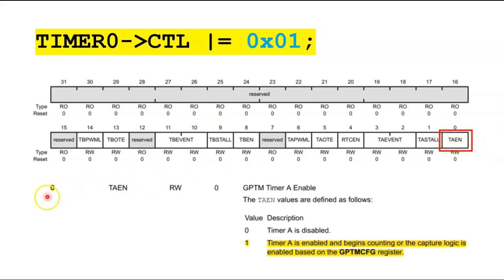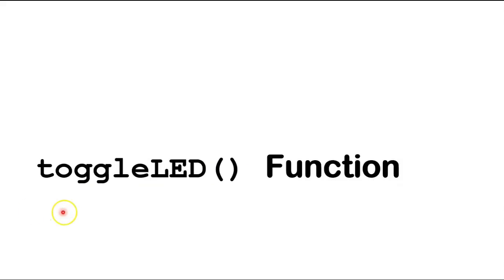And from the datasheet description, we know that a 1 means timer A is enabled and begins counting. All right, so we use this instruction to set this bit to a 1.